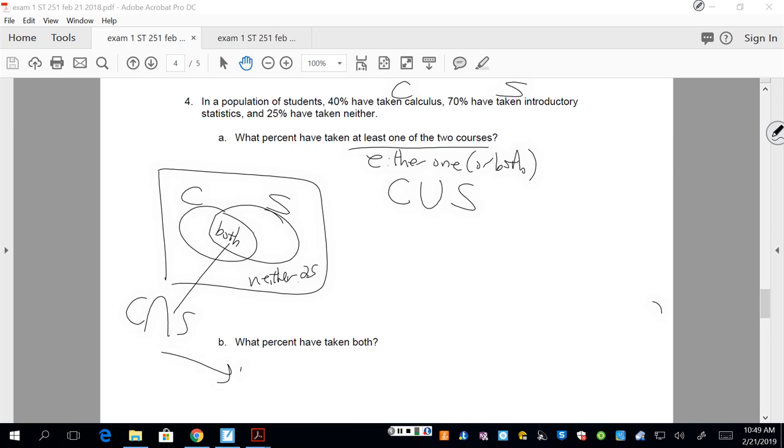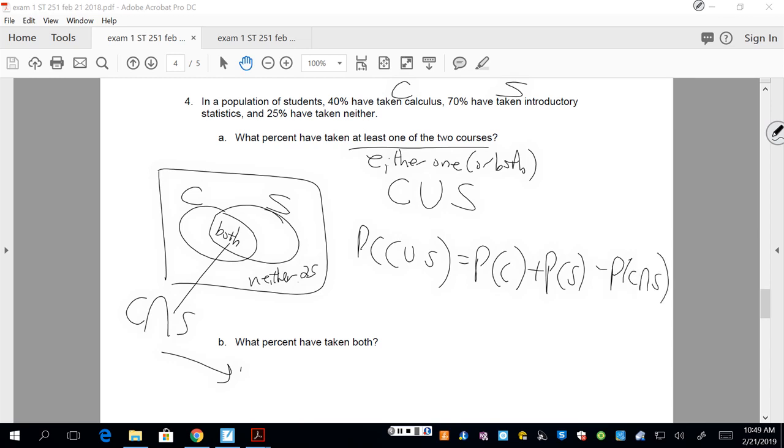And so one formula that we have, right, is that the probability of either one can be calculated as the probability of one plus the probability of the other, minus the intersection. We are given 40% for calculus, 70% for statistics.